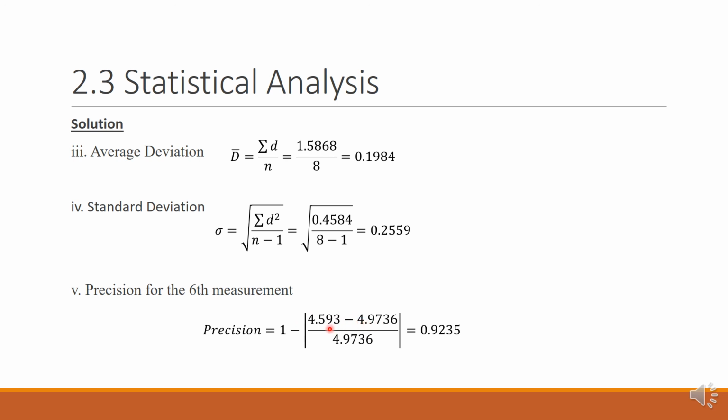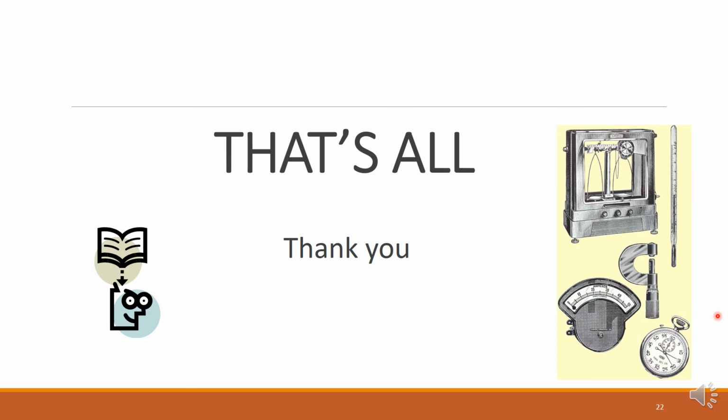We compare with its mean, which is 4.9736. So 4.593 minus 4.9736, over 4.9736. Then you get 1 minus this, and you can get 0.9236. So this is how precise your measurement of 6 is. Okay, understand?